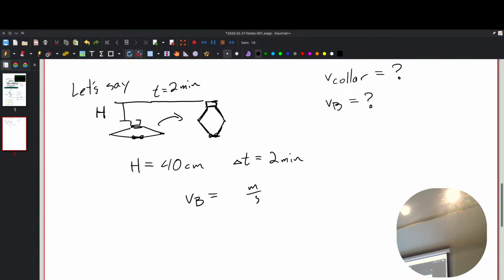Point 003. That one would be meters per minute. Oh, right, that's minute, yeah.